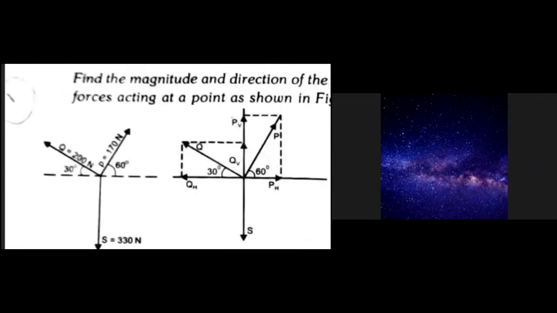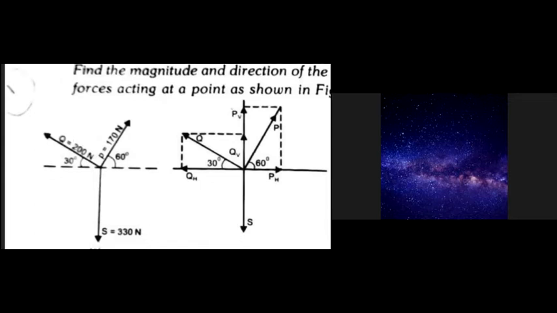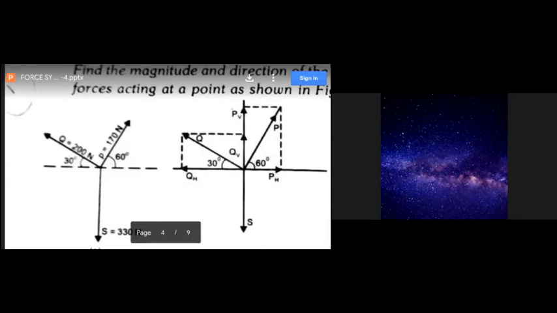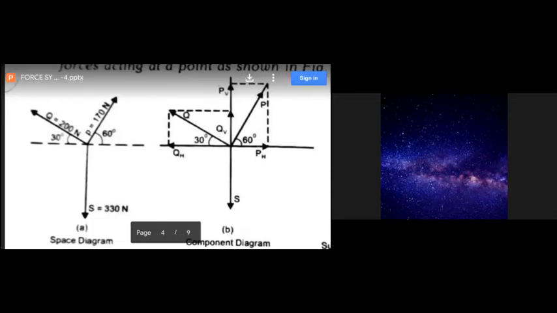Here 3 forces are given: P, Q and S. P is 170 newtons, it makes 60 degrees with the horizontal positive x-axis. The second, Q, makes 30 degrees with the negative x-axis, and the third force is 330 newtons, which acts vertically downwards.